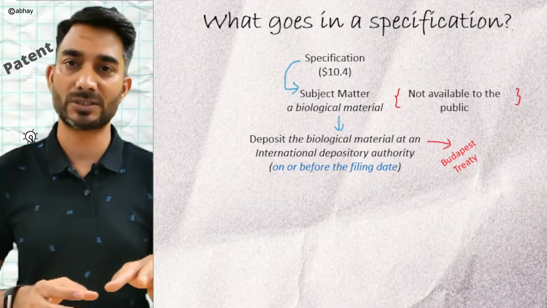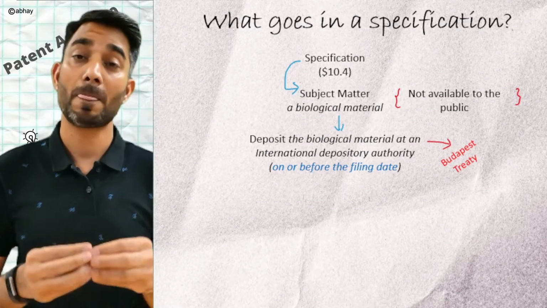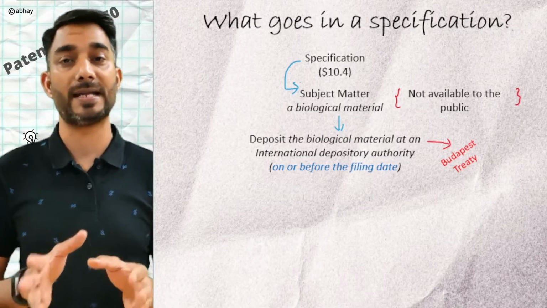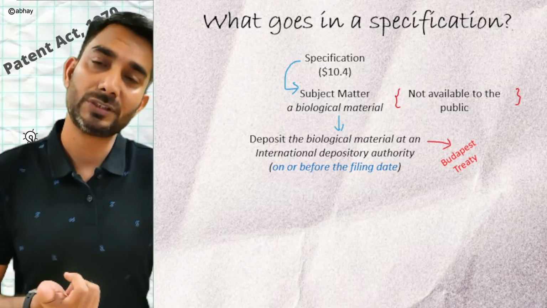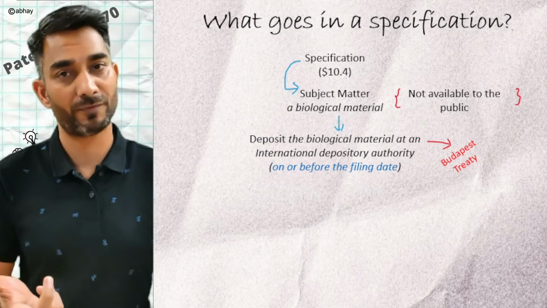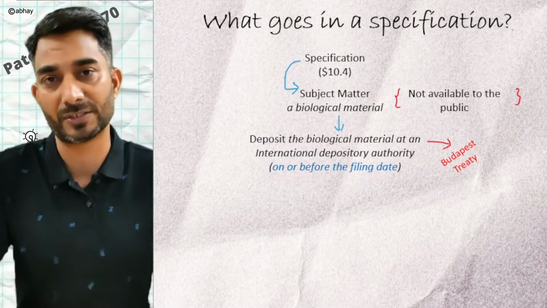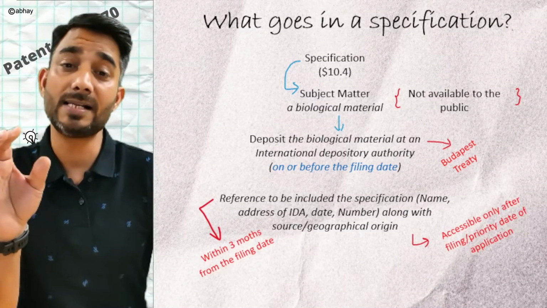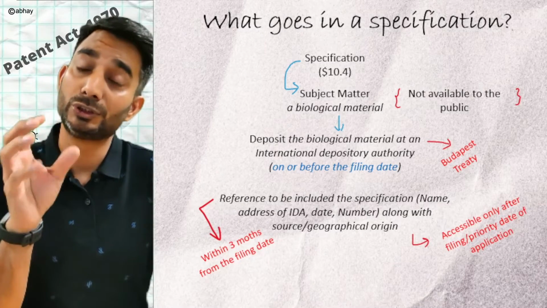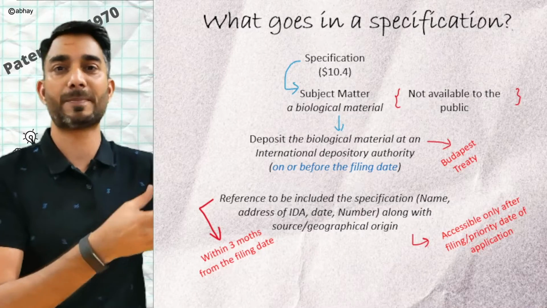And you can deposit a biological material in any of the IDAs which are recognized by the countries. Such deposition should happen on or before the filing date of the invention. Once the deposition has happened, the details about the deposition should be provided in the specification.